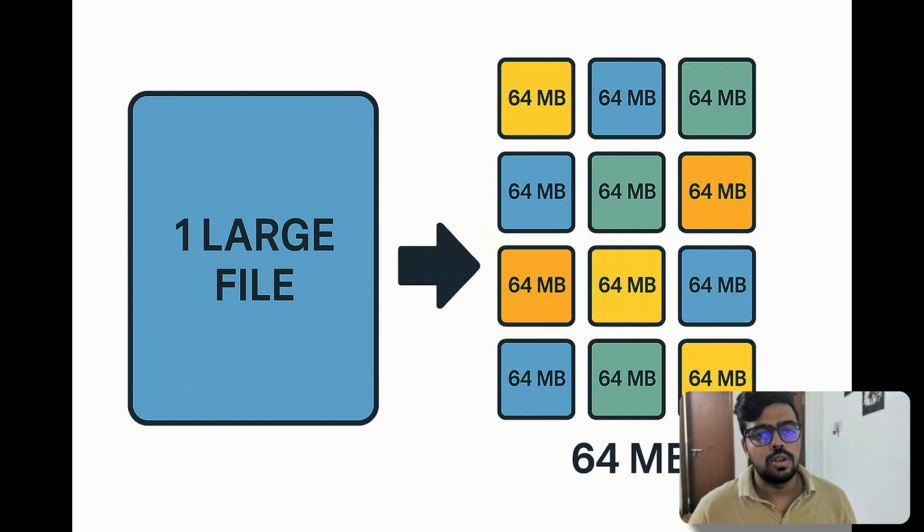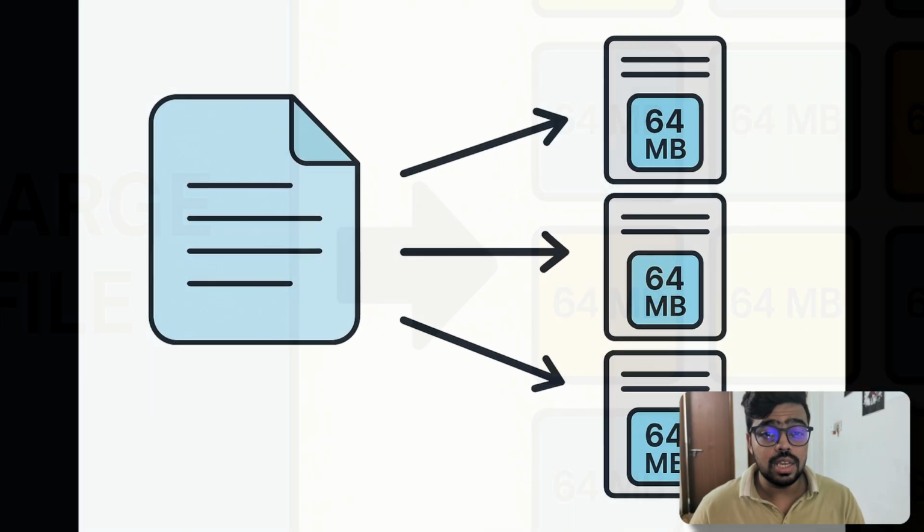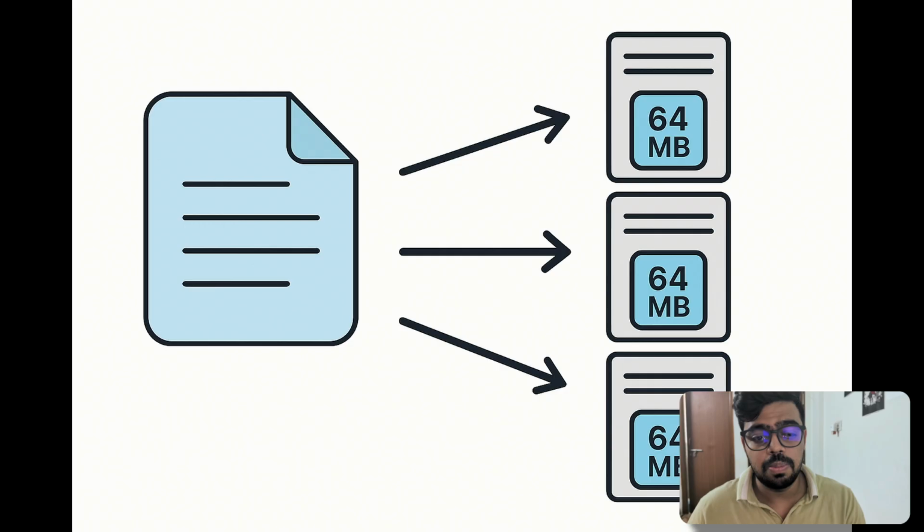Next point is fault tolerance. Each chunk is replicated across multiple different chunk servers. So if one chunk server fails, or that particular chunk gets corrupted on that server, we can easily fetch the data from another chunk server. And the last one is selective access.